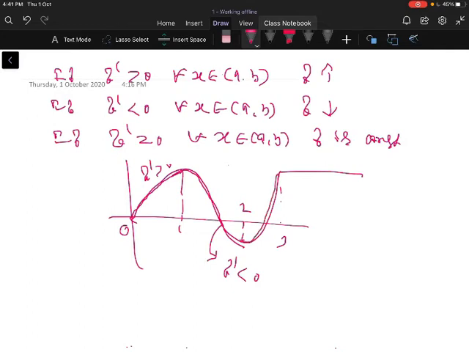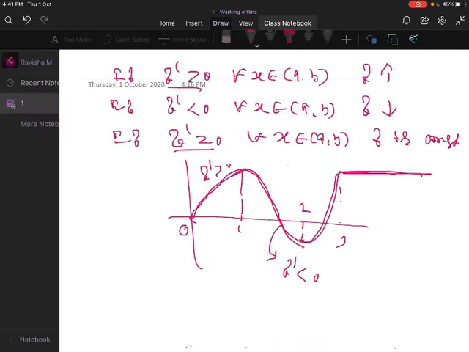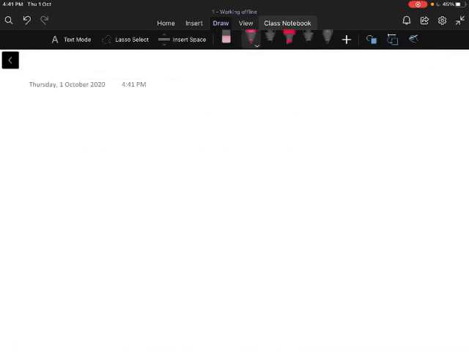Again for the interval 2 to 3, the function is increasing since f dash is positive. Then from x equal to 3 onwards, the function is constant since f dash is 0 for the interval 3 to infinity. So this is the concept of increasing, decreasing and constant functions. Now let us move to the first derivative test.